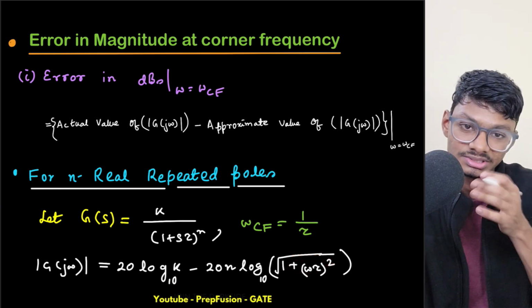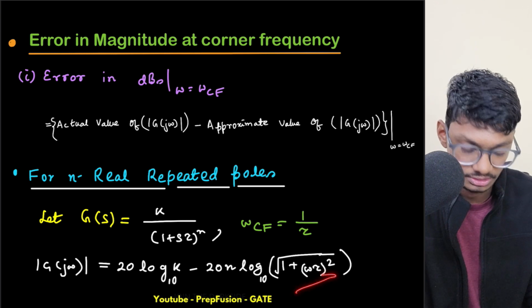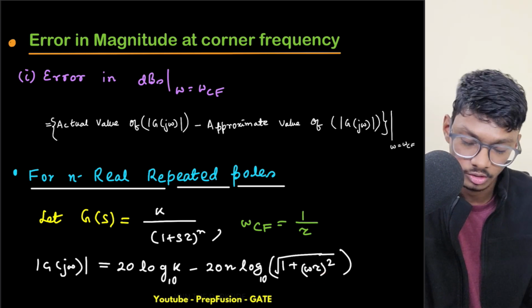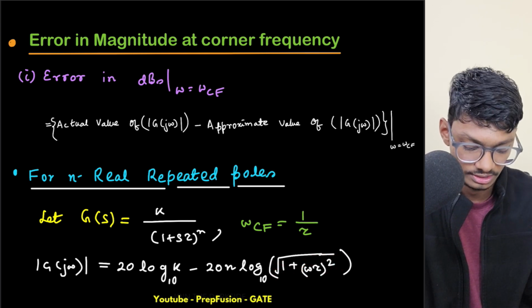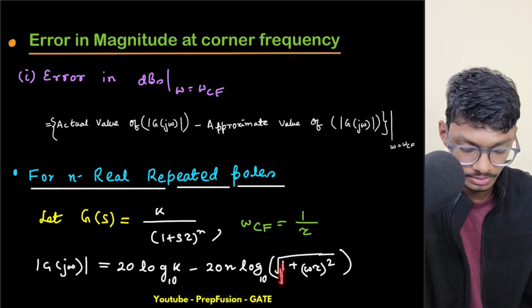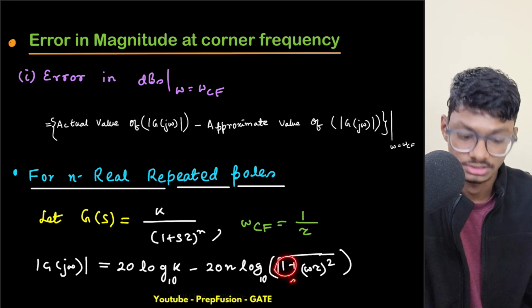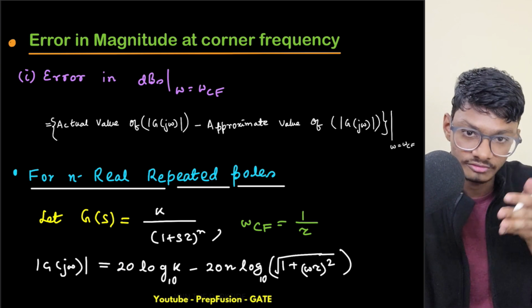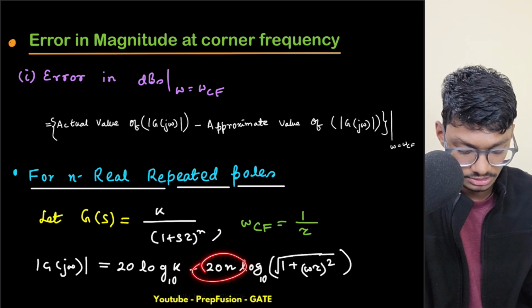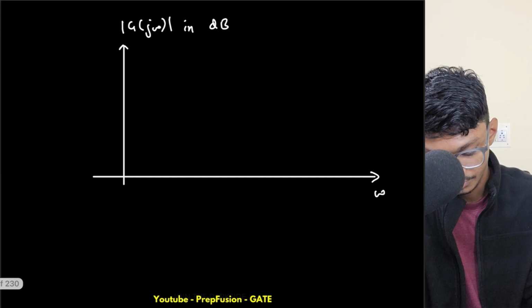If omega is much less than 1 by tau, then omega tau becomes much less than 1, hence this square becomes much less than 1, so we can ignore it. This becomes only 1, and log base 10 of 1 is 0, so we are left with only this one. Then at the corner frequency, suddenly the slope changes to minus 20n. This is how we do it.